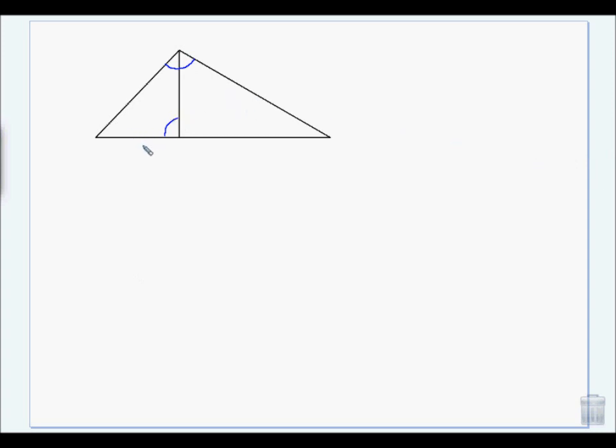I'm going to call this x. I'm going to call this one, no, this one y.